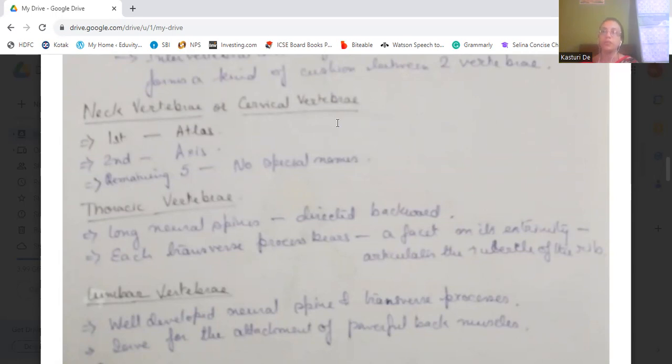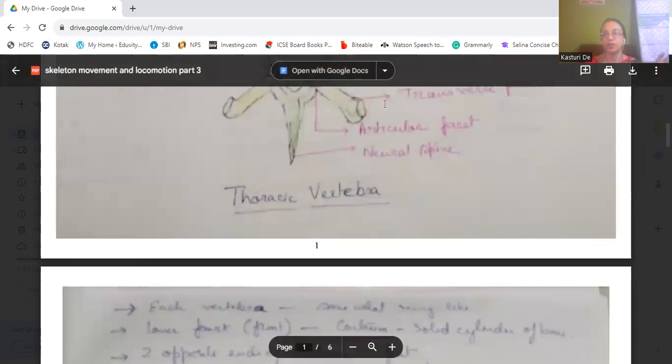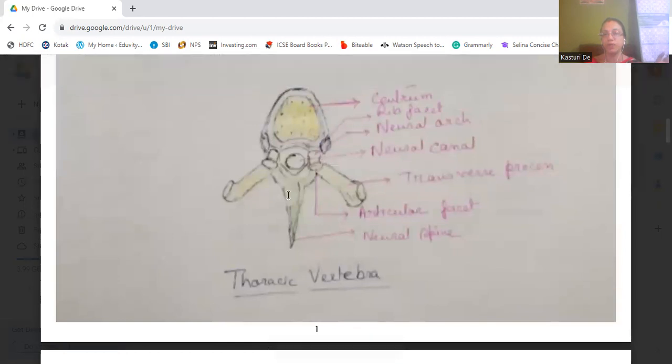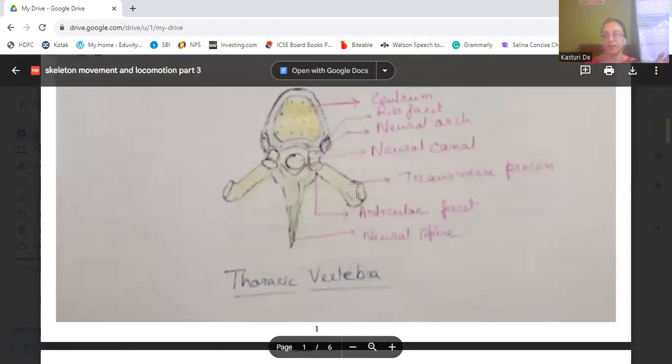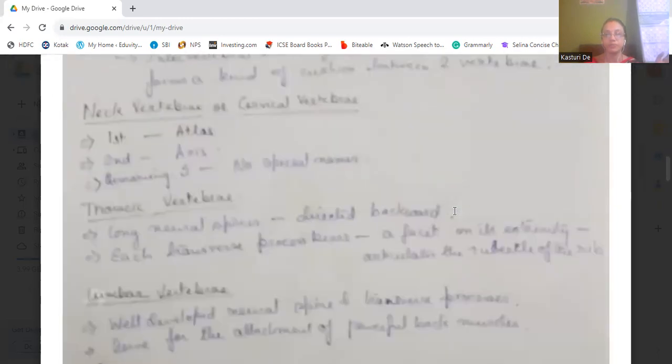We have two transverse processes, so each one bears a facet on its extremity. You can see these two are the transverse processes of the thoracic vertebra, and both of them have facets at their extremity, where the tubercle of the rib gets articulated.